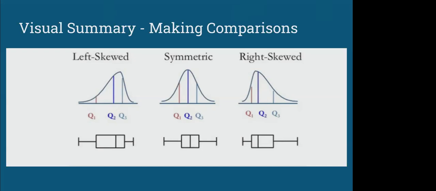And then lastly, we have a right skew. And in a right skew, opposite of a left skew, the right whisker is longer than the left.